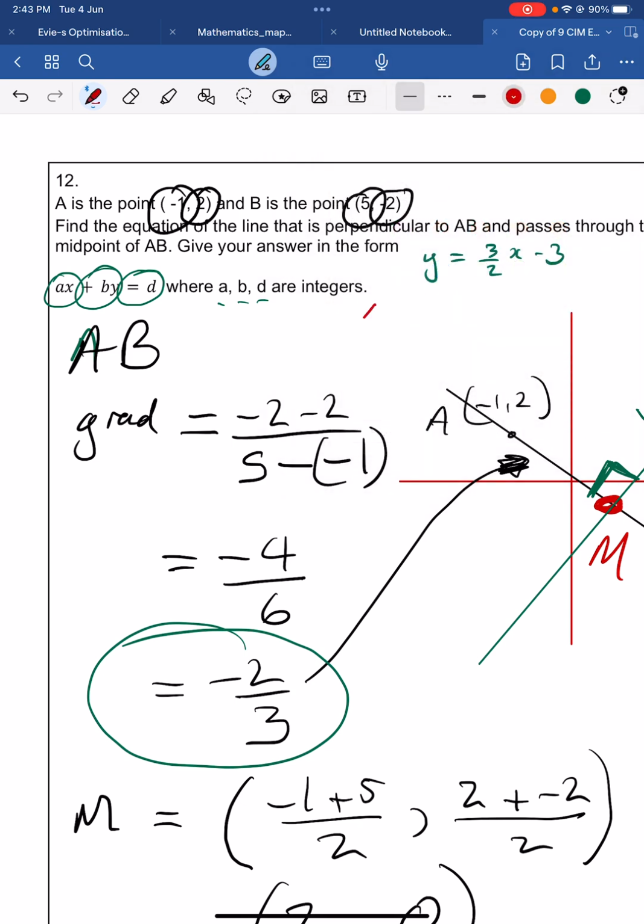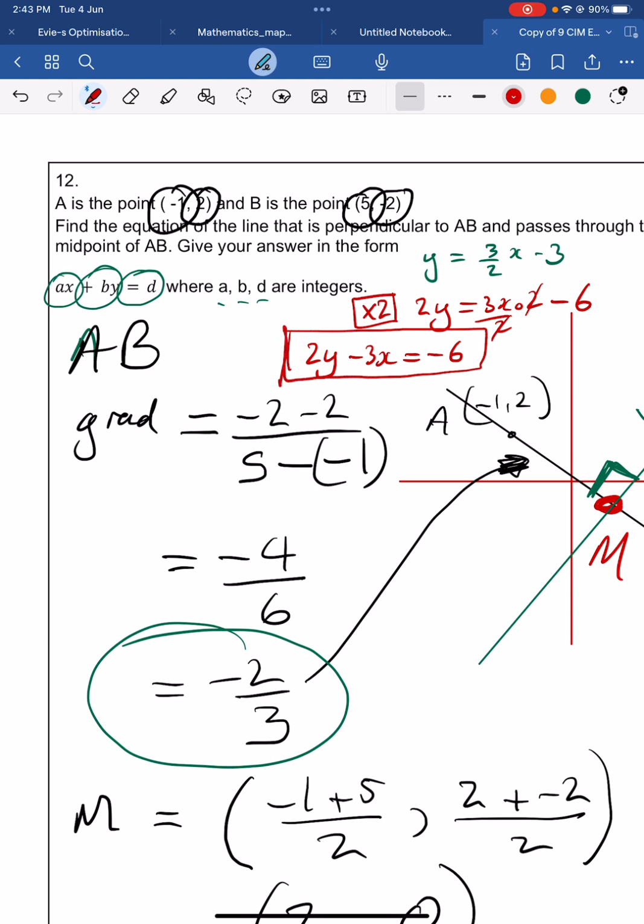How do you get rid of fractions in an equation? Times both sides by 2. 2y here. 3x over 2 times 2, the 2 cancels. 3 times 2 is 6, and we've got it. We've got 2y minus 3x equals -6. And that's the final answer that we want to get to.